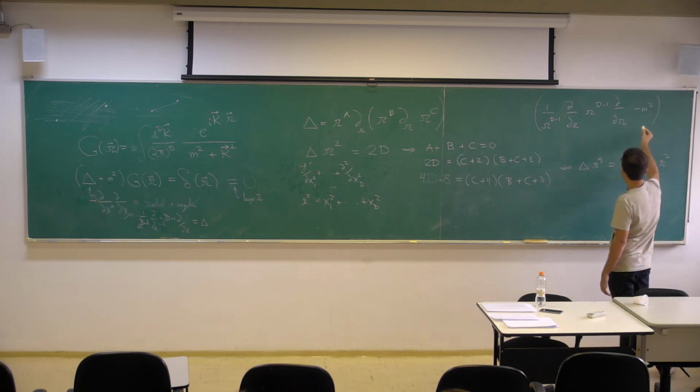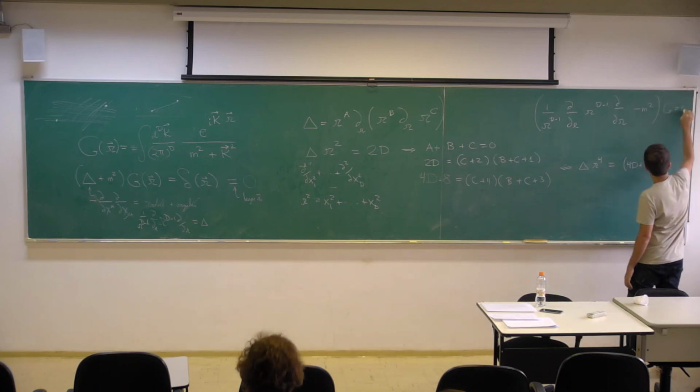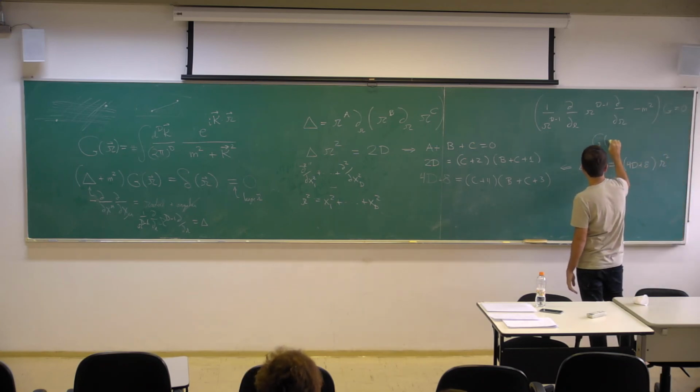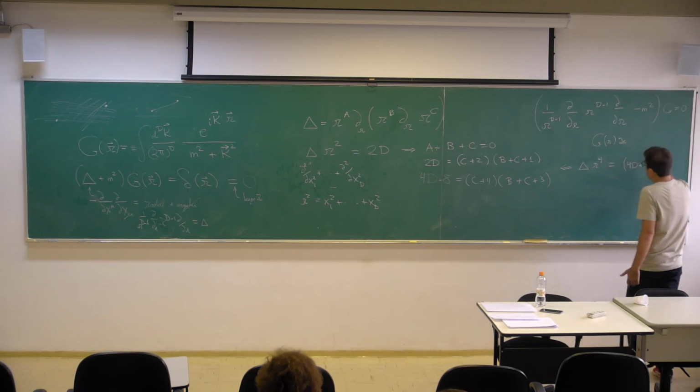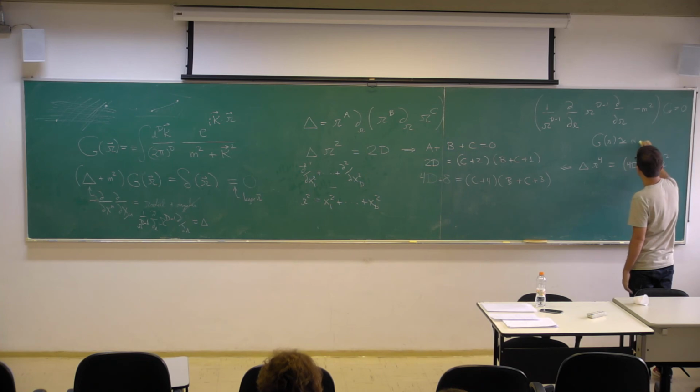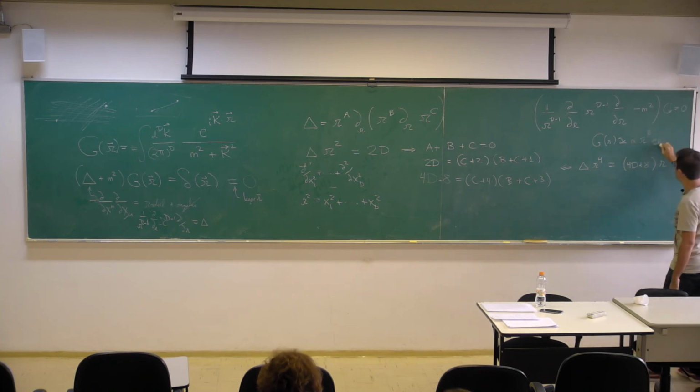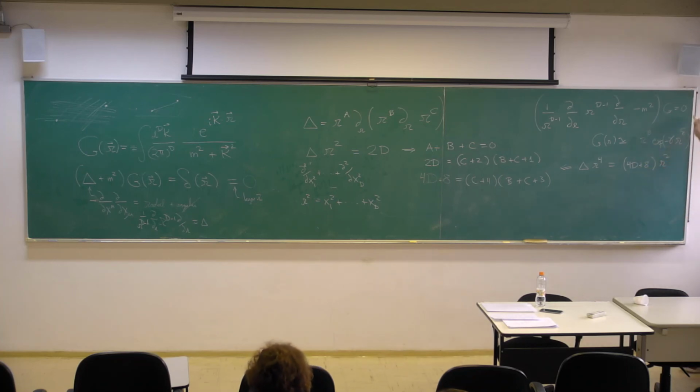You say that I act on g, I want to get 0, and my g of r, I could approximate it by some constant alpha r to some power beta times the exponential of minus gamma r to some power delta, for example. The constant you are never going to fix because it's homogeneous, but you would write an ansatz like that, plug it into this differential equation and find out the various constants.